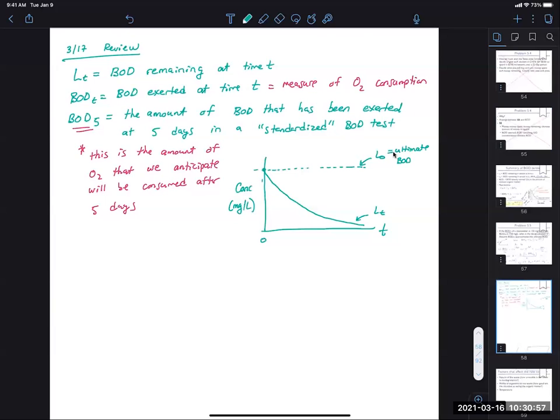The ultimate BOD is essentially if all of the biological organisms oxidized all the organic matter they could, this is what the BOD would be. This doesn't mean that they oxidize all of the organic matter, because there's some that the organisms just can't chew up, but all of the amount that they can, they do.